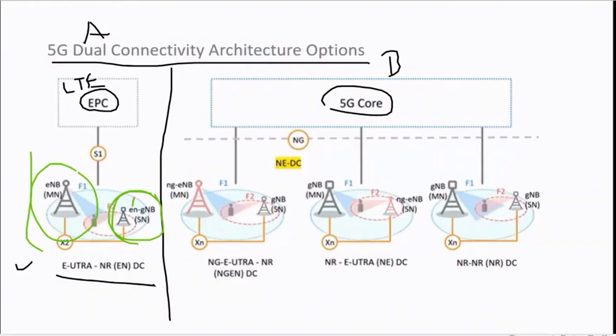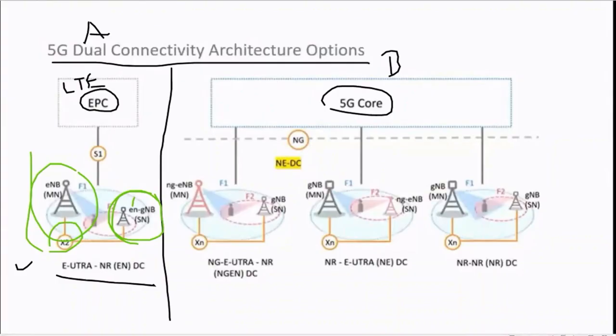It has to. So we are going to interconnect those with the help of the X2 interface. Okay, you may have heard of this interface a lot when you do LTE. So eNodeB to eNodeB and EN-gNodeB are connected through the X2 interface, right?